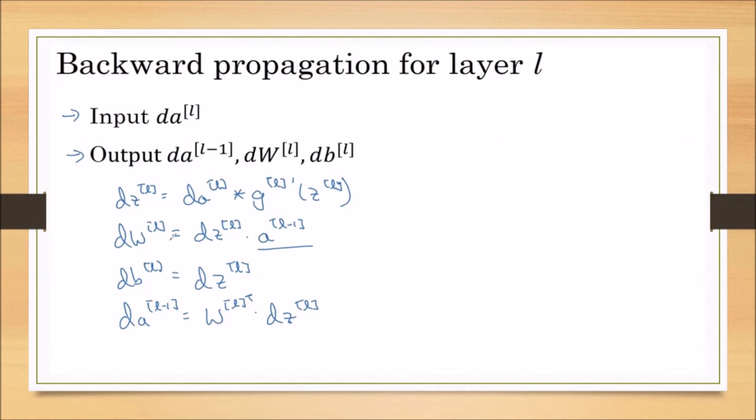These are the steps we iterate even if there are 1,000 layers. By using the back propagation, in every iteration we are getting dWL and dBL: dW1000, dB1000, dW999, dB999. We are using this dB and dW in the gradient descent.